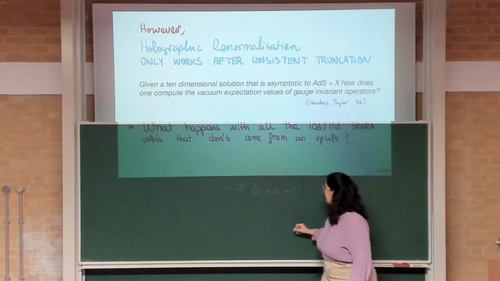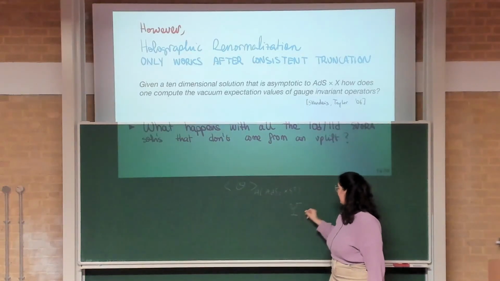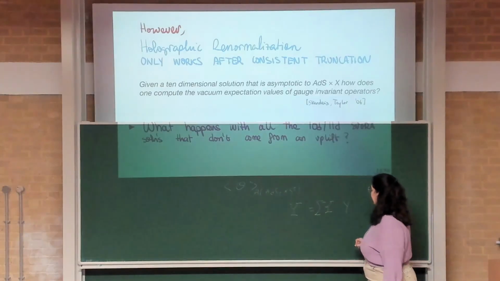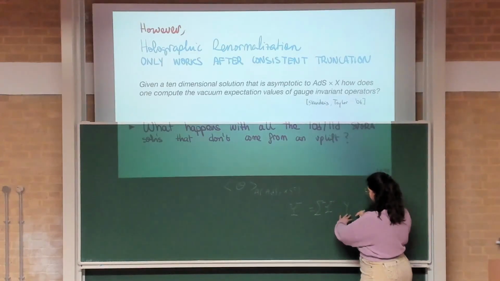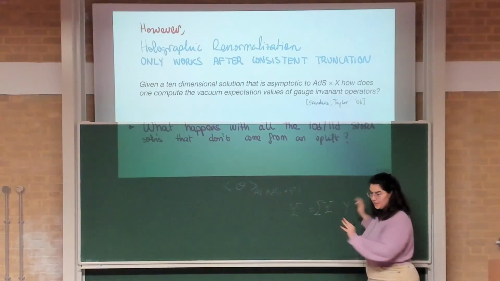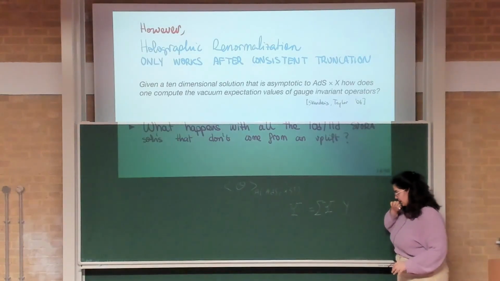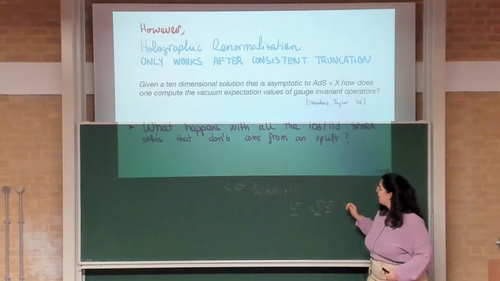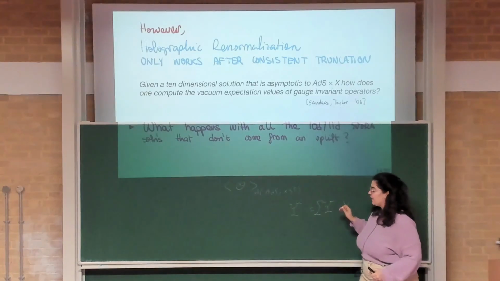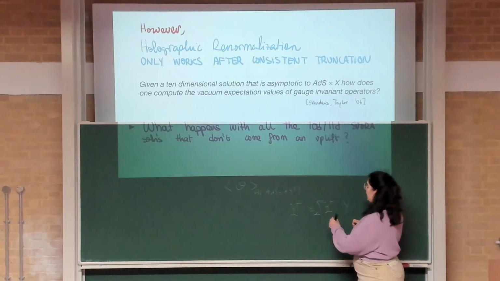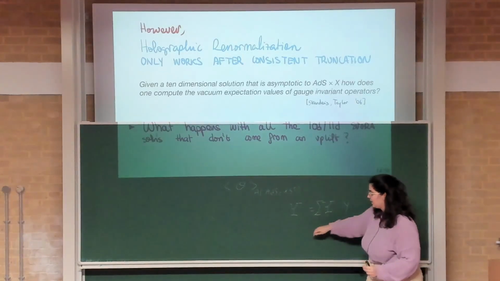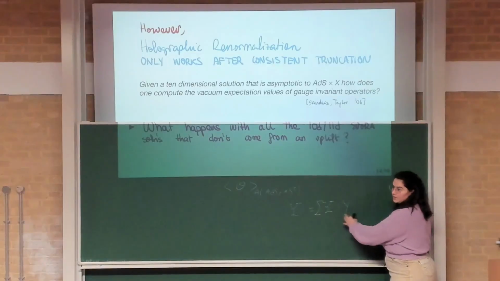And what they do is take your fields and expand in spherical harmonics. And what you are going to do is to formally keep all the spherical harmonics and plug it into the action and find a five-dimensional action that is perturbative in the number of operators.